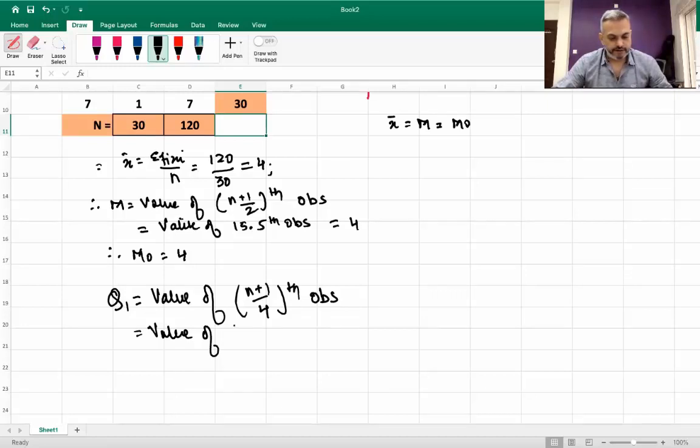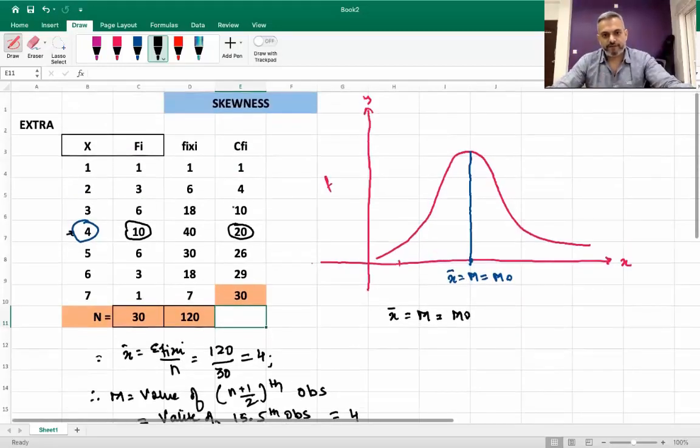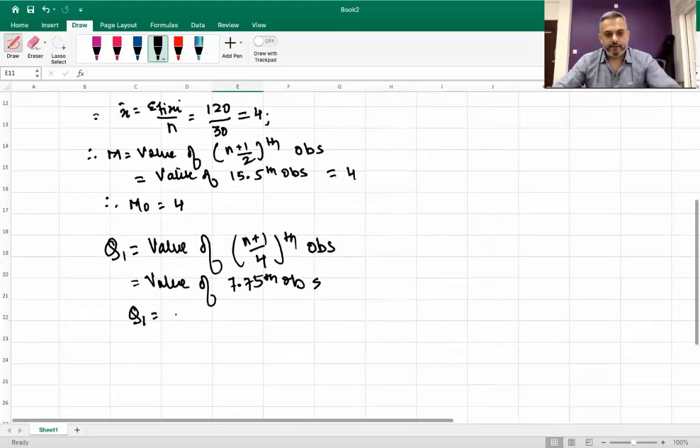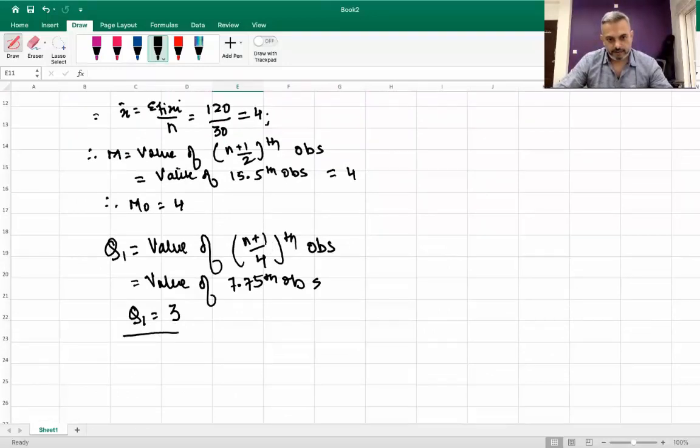So 31 divided by 4 is 7.75th observation. So Q1 is equal to 7.75 will come in 10. So Q1 is equal to 3. You can write it over here.